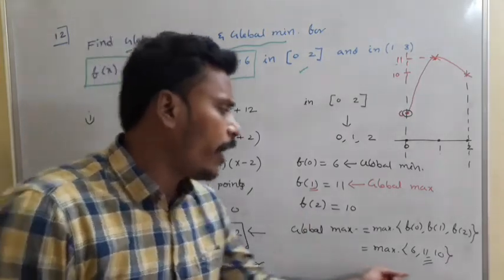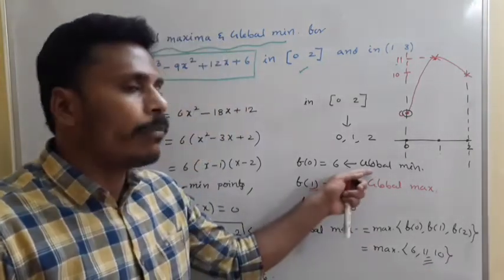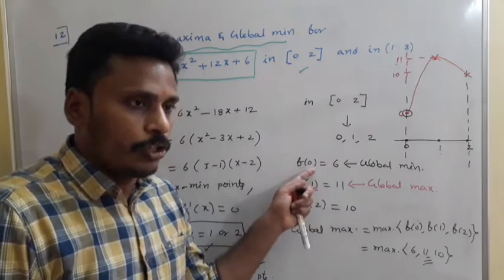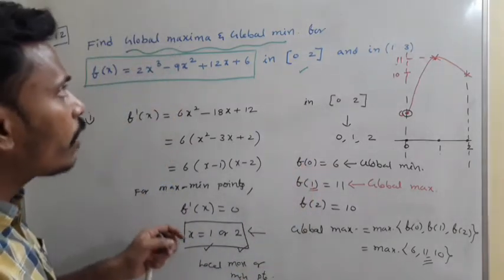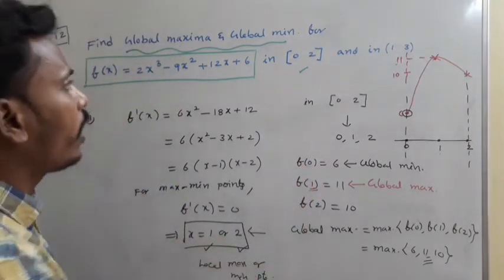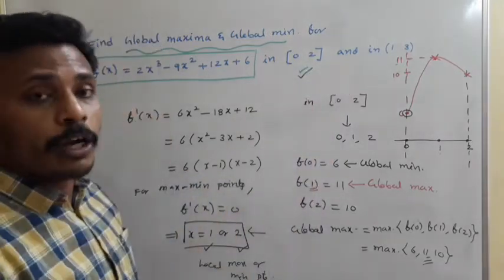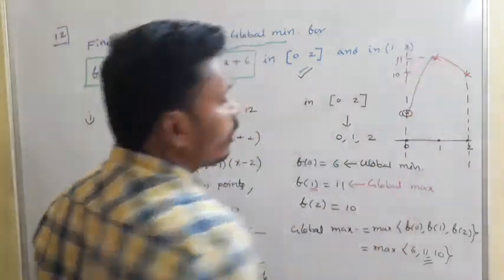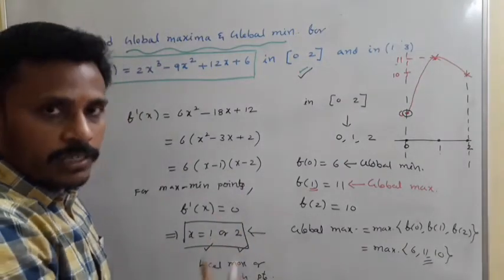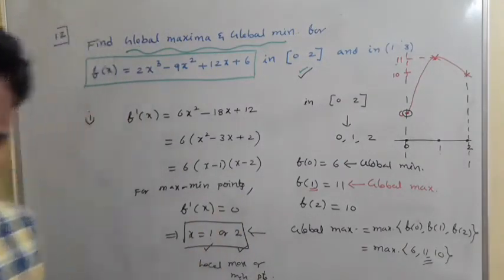For minimum also we need to write in the same way. So 6 is global minimum and that global minimum exists at 0. So this is about identifying global maxima and global minima in the interval 0 to 2. Identifying global maxima and global minima in the other interval is a bit different, and I will discuss that. You just have a look till now.